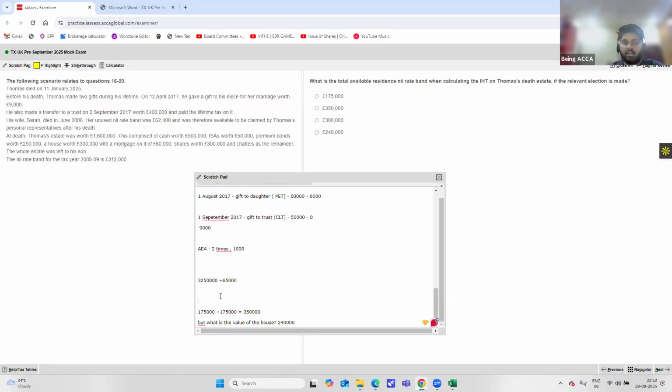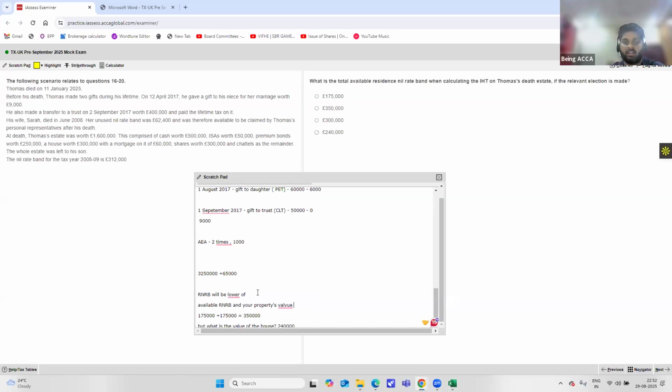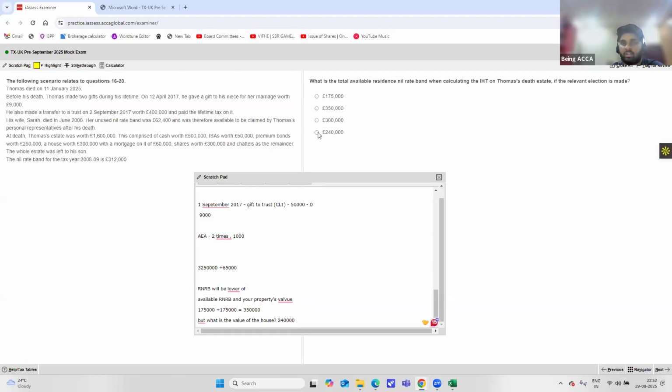That means the RNRB will be the lower of the available residential nil rate band and your property's value. Yes, it will be the lower of the two. That is exactly why the value of the residential nil rate band will only be 240,000.